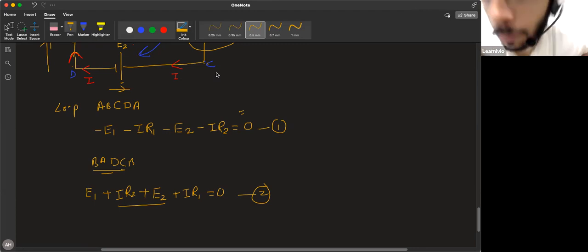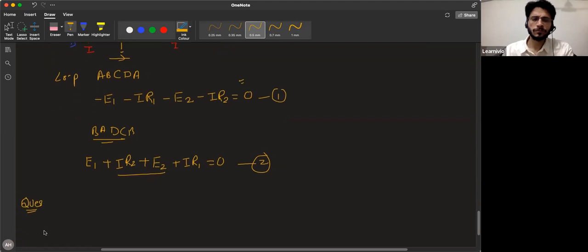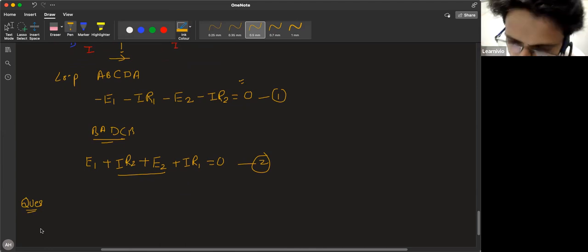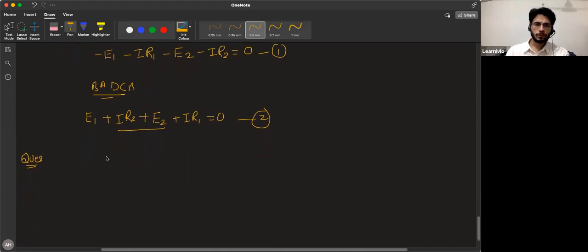Okay, now let's move on to questions. Let's do some questions on this concept. See, the questions of Kirchhoff laws are usually very lengthy. So what I will do is I will do one question, and in that one single numerical, we will check all possibilities. So this is the circuit.